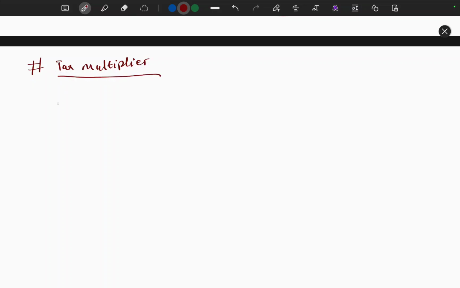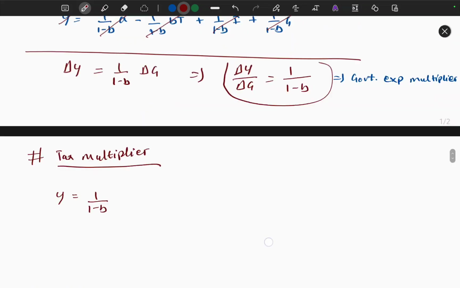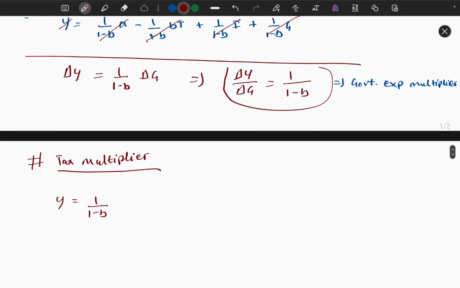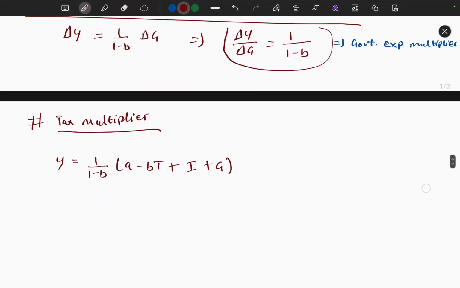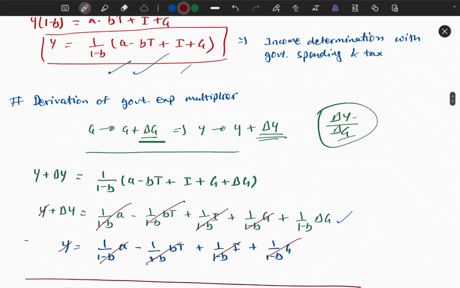So we'll use this equation: y equals 1 over 1 minus b times a minus bt plus I plus g. In order to find the tax multiplier, we are going to use the same logic that we used to find the government expenditure multiplier.